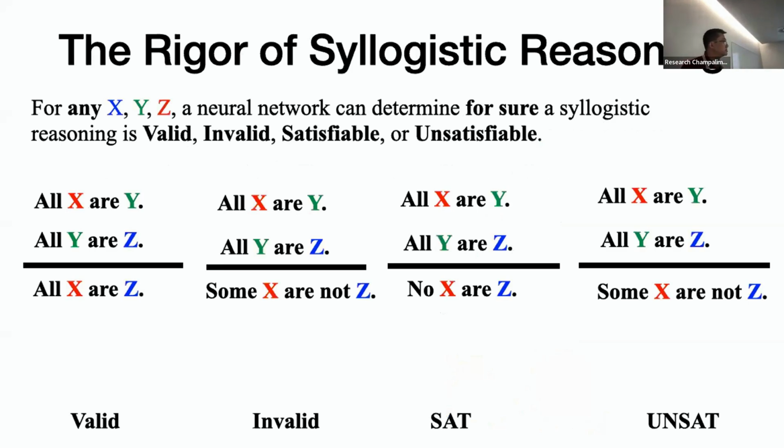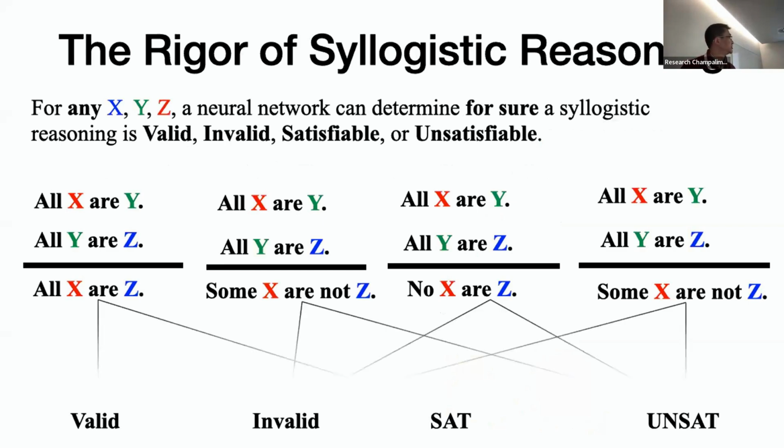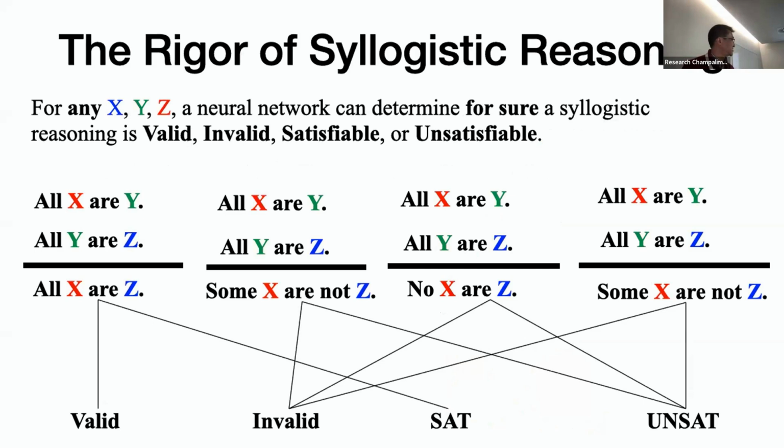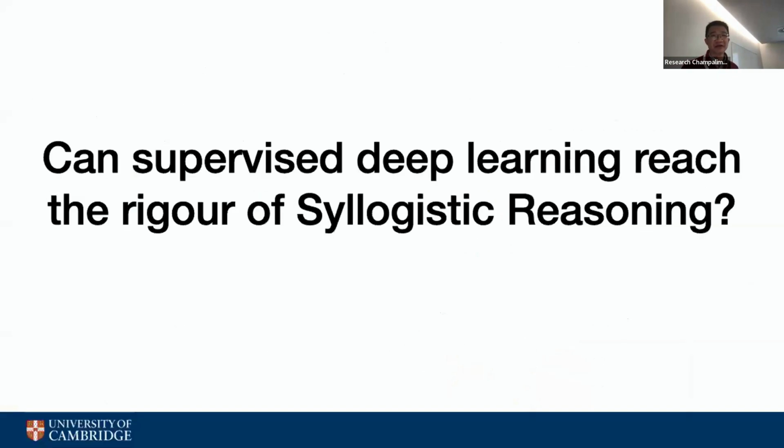The rigour of syllogism means, given three statements, two premises and one conclusion, it should decide whether it's valid, invalid, satisfiable or unsatisfiable. And what I will convince you is that no neural network can do that.